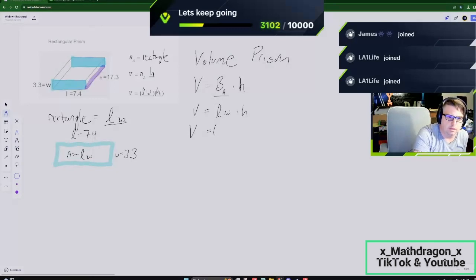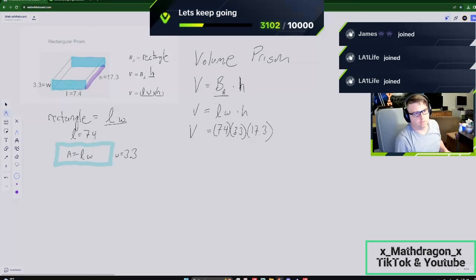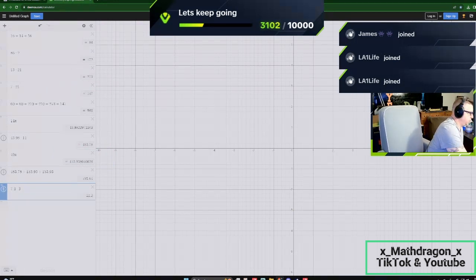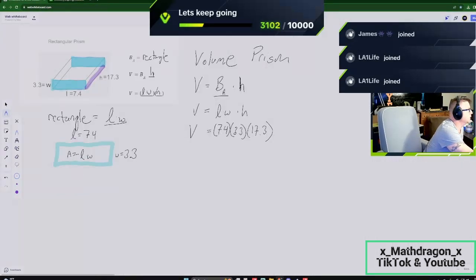So my length is going to be 7.4, my width is going to be 3.3, and then 17.3 is going to be my height. So I have 7.4 times 3.3 times 17.3.